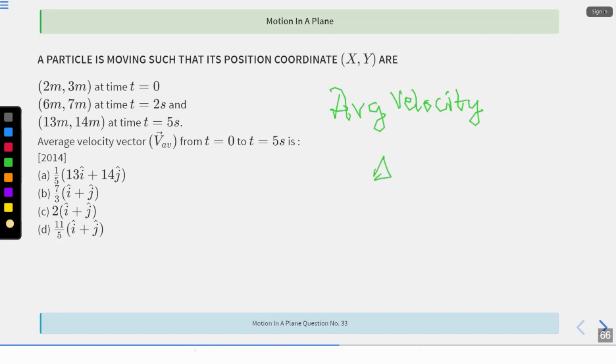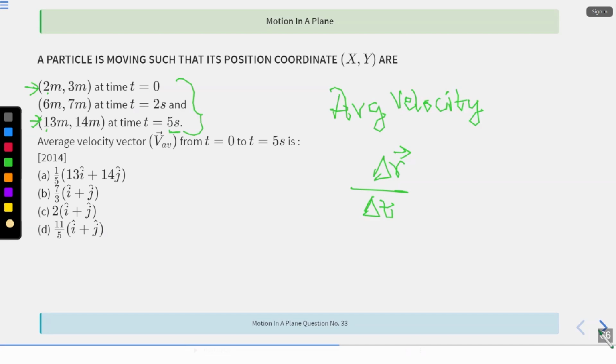So I can write it as delta r over delta t. Here r is a vector because it's a displacement, and time is a scalar quantity, so I will not put an arrow. This is initial, this is final. So I subtract these two, 13 minus 2 and 14 minus 3, and divide by 5 seconds, totally 5 seconds.